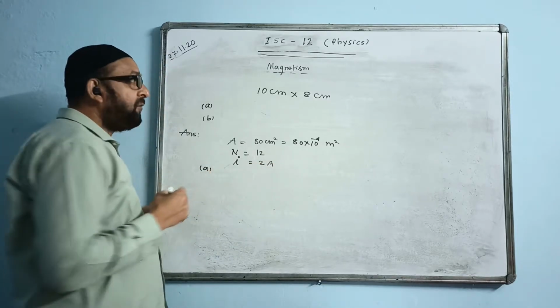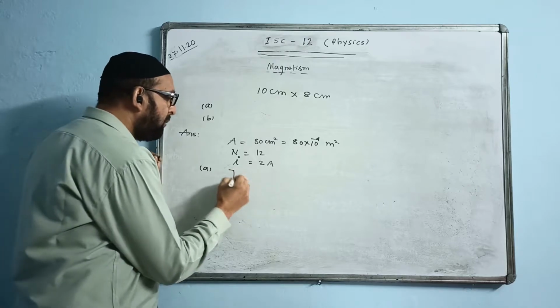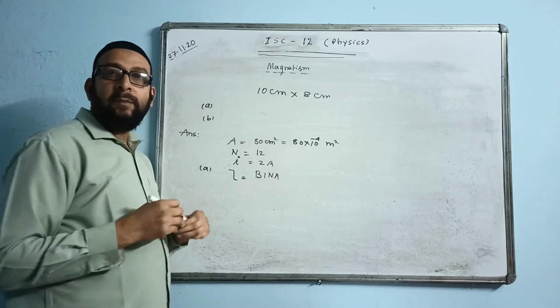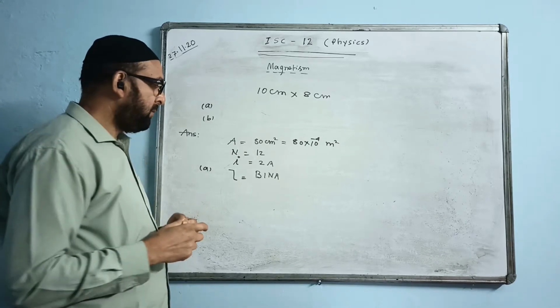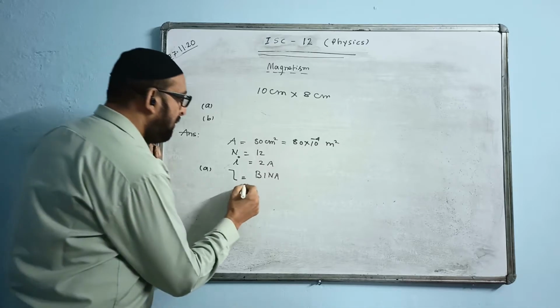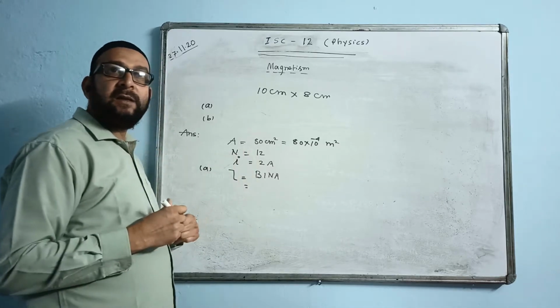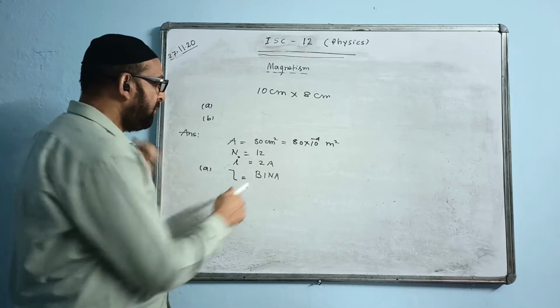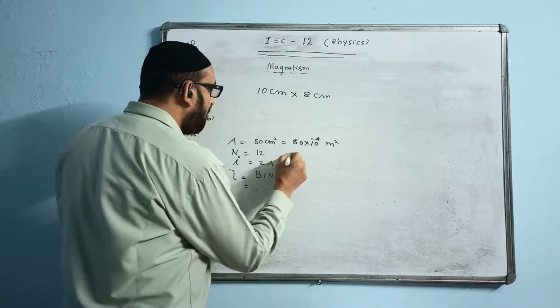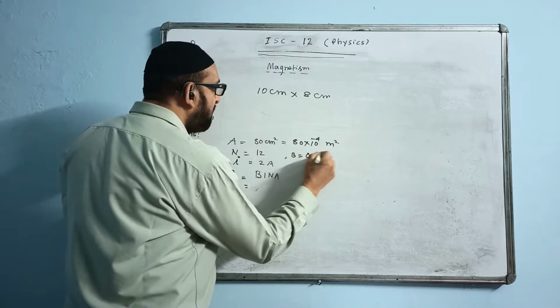Now first part A, we have to find maximum torque. Maximum torque formula we have is B cos alpha times N I A. Because alpha value is 0 degree, cos 0 degree is 1. Or if we use sin theta, the theta value is 90 degree. Put the value of B, which is also given, 0.5 Tesla.